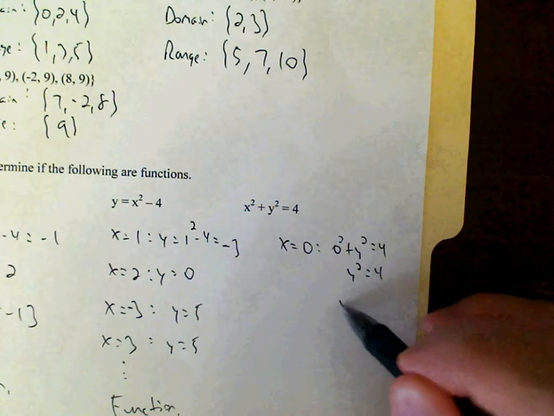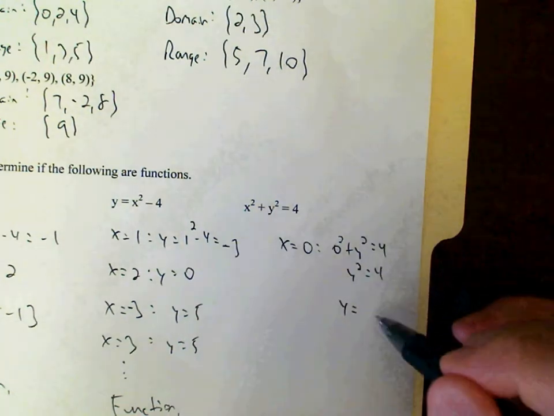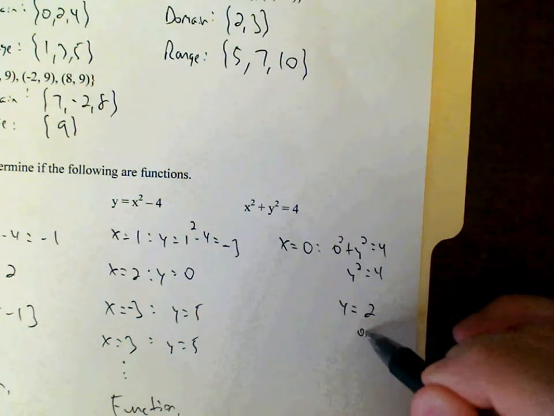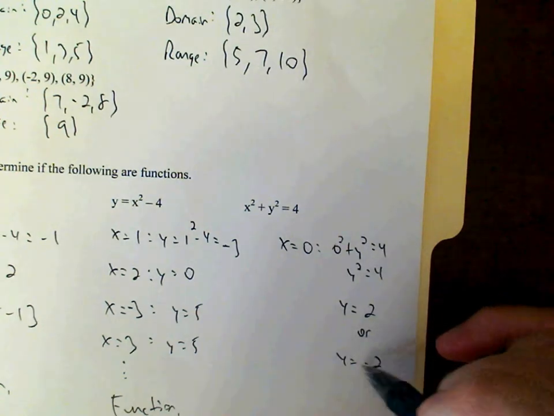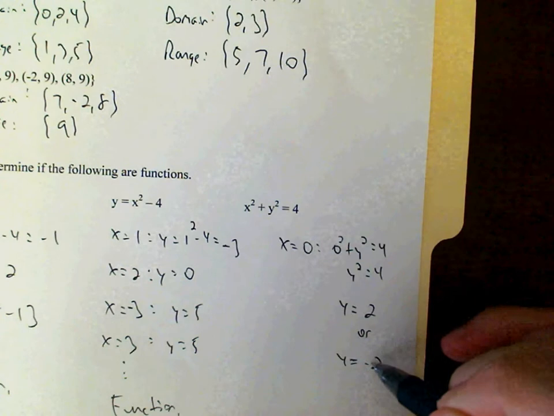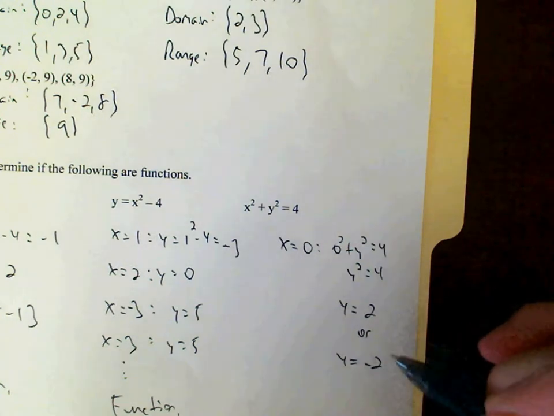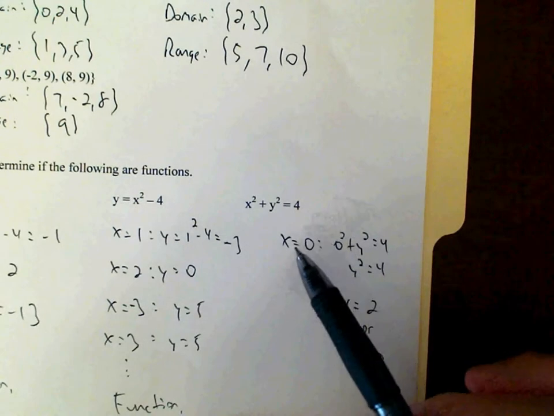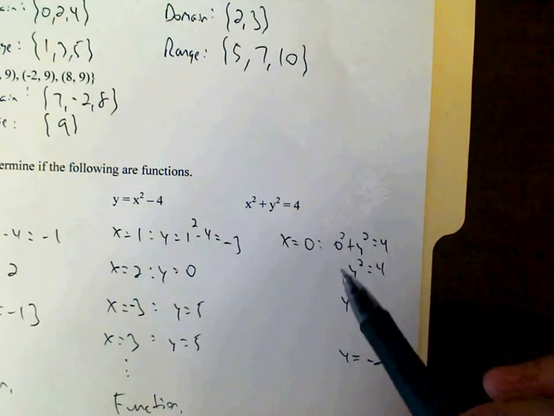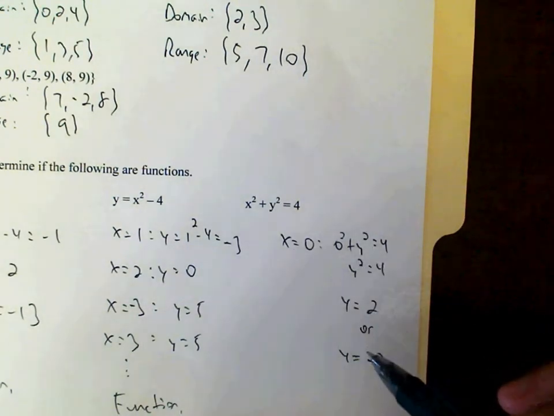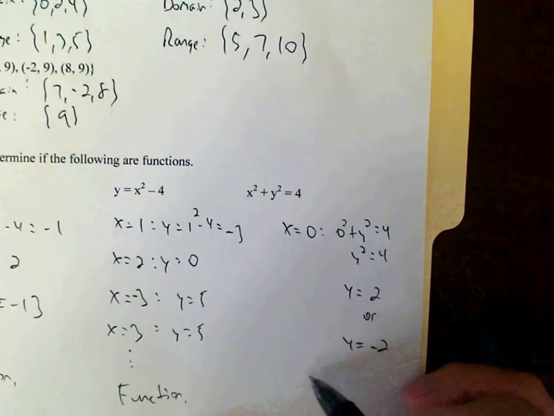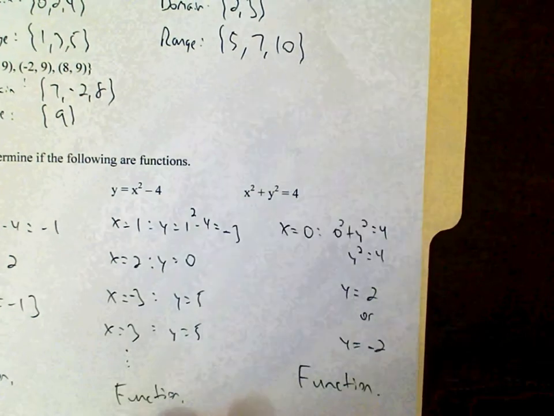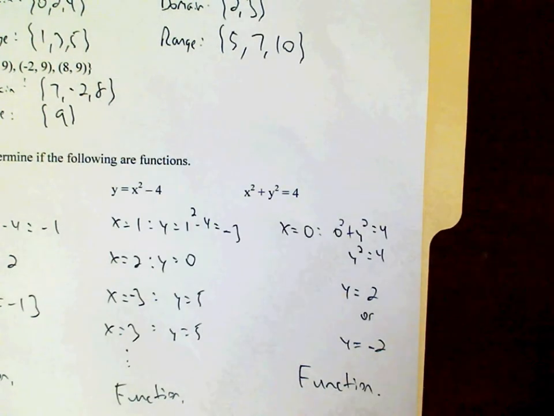I get two possibilities. y could be 2, because 2 squared is 4, or y could be negative 2, because negative 2 squared is also 4. So as soon as I find one instance where I substitute in an x value and get two possible y values, or more than one y value, that tells me that it's not a function. So keep that in mind.